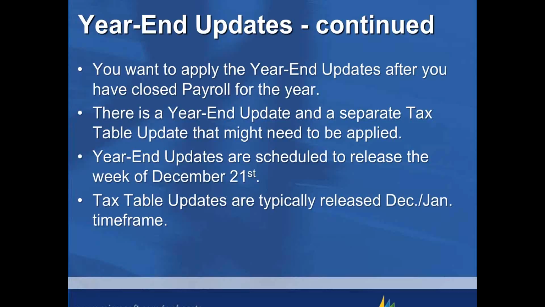The year-end updates are due out the week of December 21st, so sometime just before Christmas they would be available. The tax table updates are typically released somewhere towards the end of December, early January. They might bring them out at the same time as they do the year-end update. So you can look for those after the 21st.